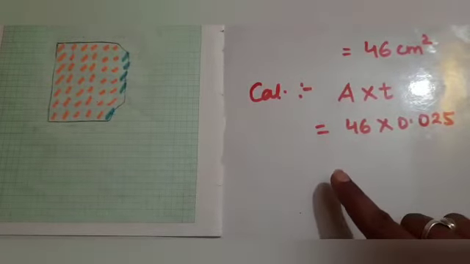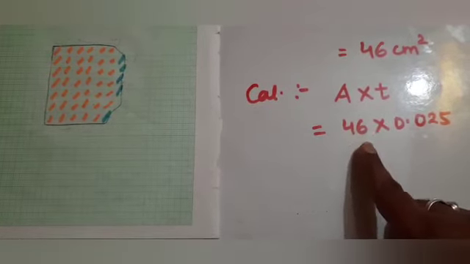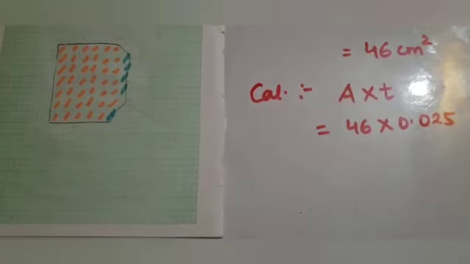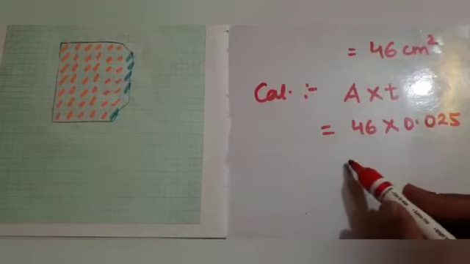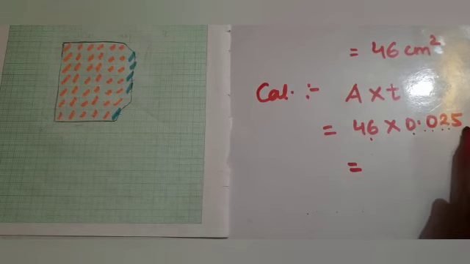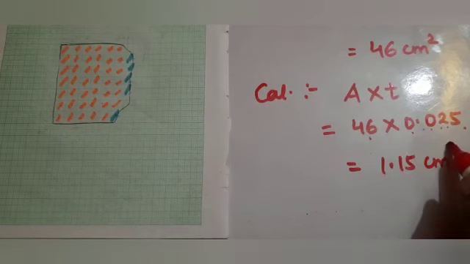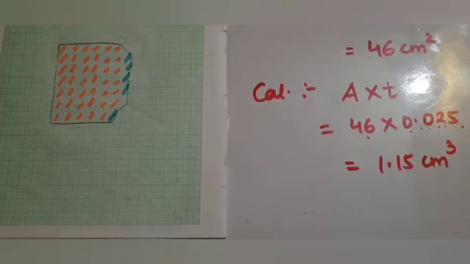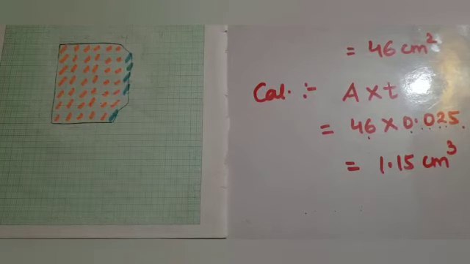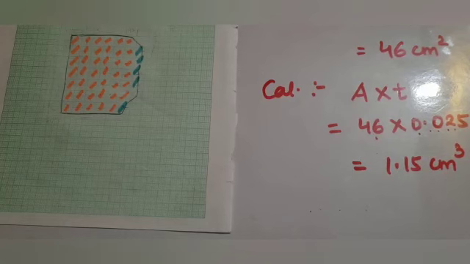So the volume of the irregular lamina is equal to 46 into 0.025, and on solving we get 1.15 centimeter cube. So this is the volume of the irregular lamina. The result of our experiment is that the volume of the given lamina is equal to 1.15 centimeter cube.